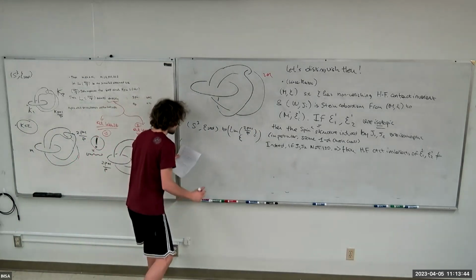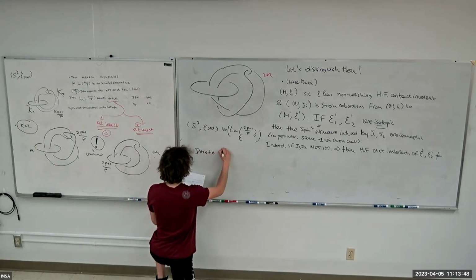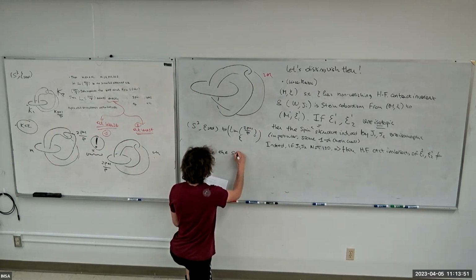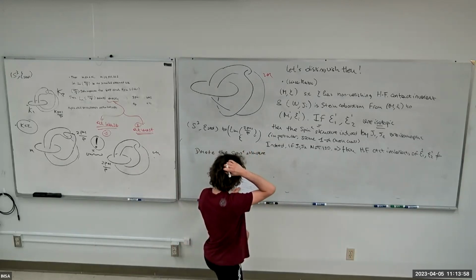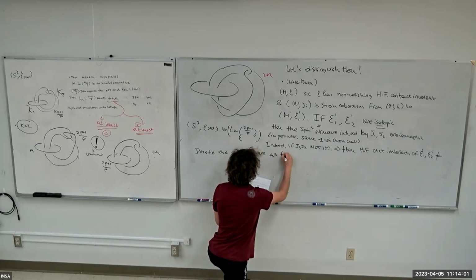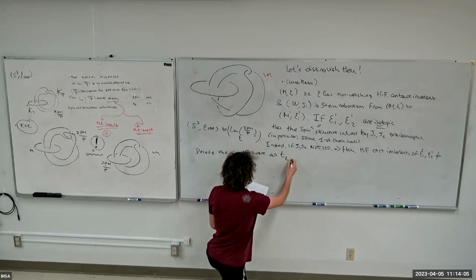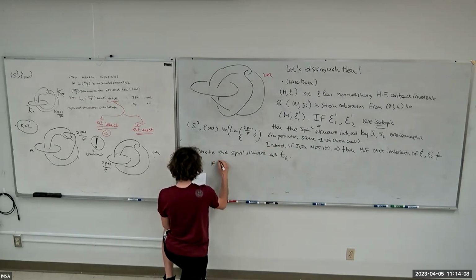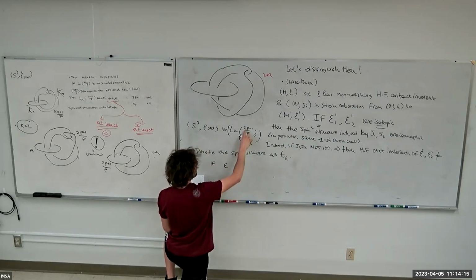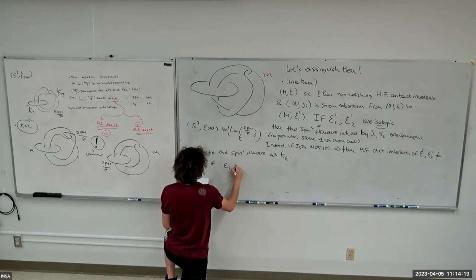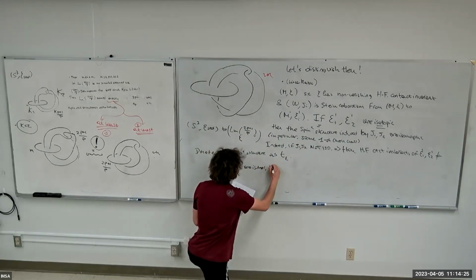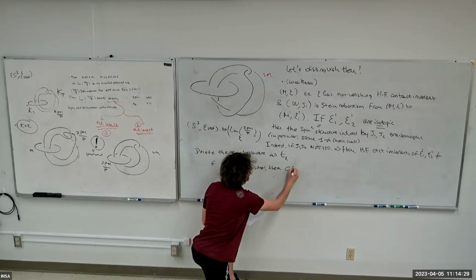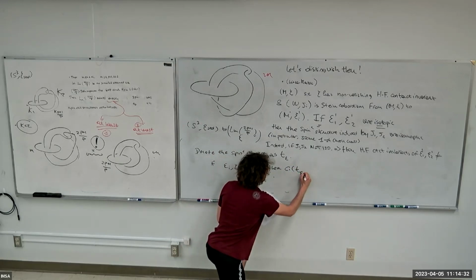What I can do is denote the spin C structures related to this psi here as psi, and what this tells me is that if I take two different tight contact structures constructed on these manifolds, call them psi_i, psi_j, that are isotopic, then the first Chern class of this spin C structure are the same.